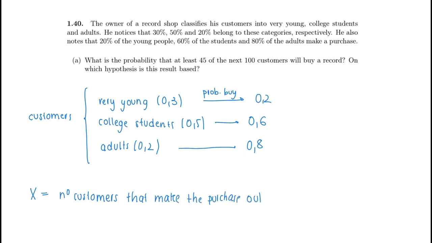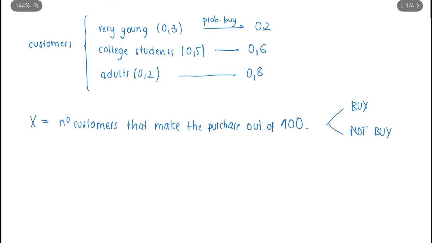So the problem in A is the customers that will buy, and that's why we define the variable as the number of customers that make a purchase out of 100.